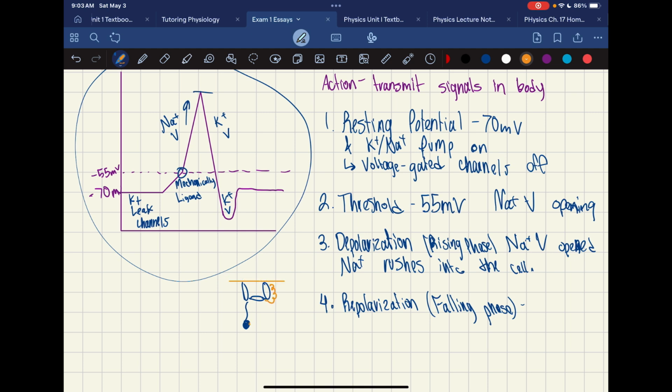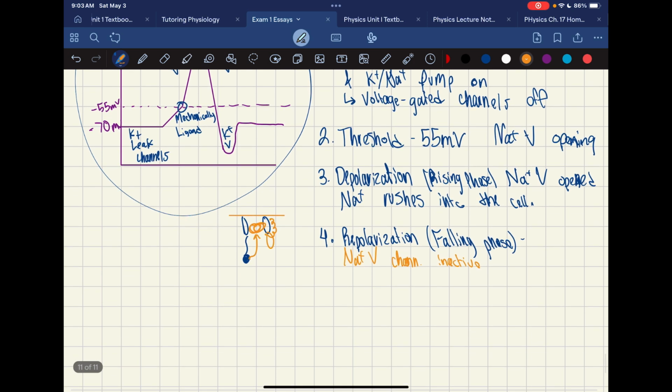But this channel is opened up, and this ball is going to go in here and plug it up, which happens very quickly, causing the sodium voltage channels to inactivate. But then our potassium channels open up slowly.